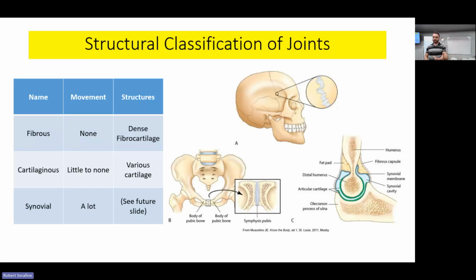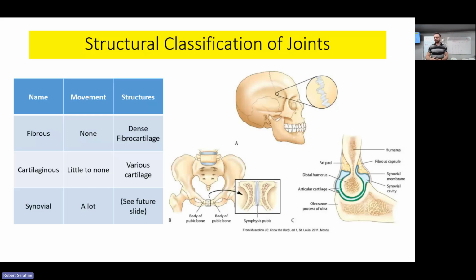Fibrous joints are bound by dense fibrous connective tissue. An example of this would be the plates of your skull and the sutures within, or your teeth. Cartilaginous joints, well, cartilage, right? We have various types of cartilage that make these joints, such as the intervertebral joint, where the bodies of the vertebrae meet and there's the intervertebral disc between them.